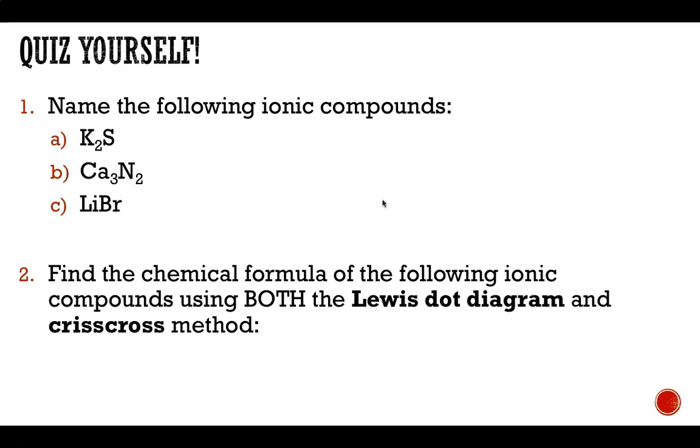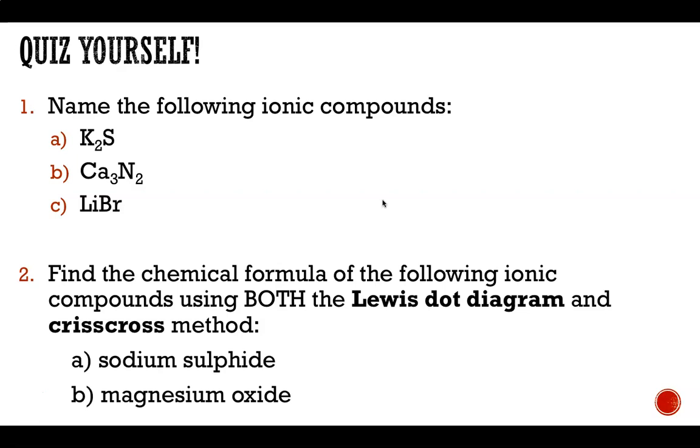Going forward, we're really only going to be using the crisscross method. It's the shortcut, but I wanted to refresh what Lewis dot diagrams look like. So try sodium sulfide and magnesium oxide. At this point, I would say pause. Try all those questions and then we will take up the answers.